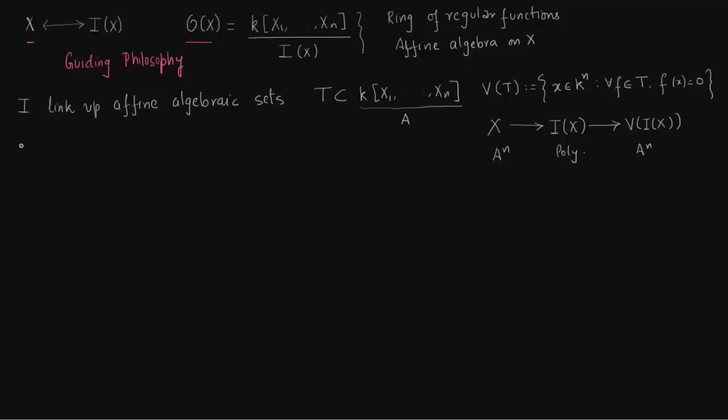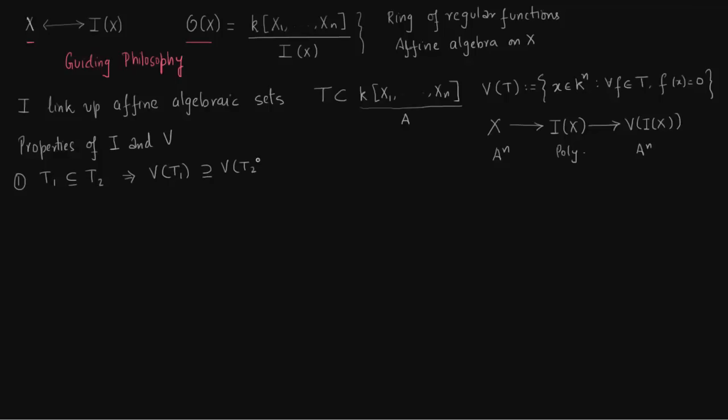So now we want to quickly summarize the properties of I and V. The first two properties are fairly obvious. I is the ideal and V is the zeros. The first one is: if T1 contains some polynomials and T2 contains all polynomials in T1 plus extra polynomials, then we have this reverse inclusion.